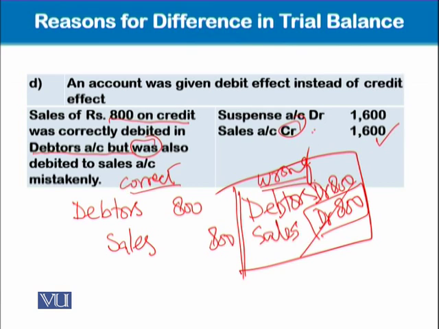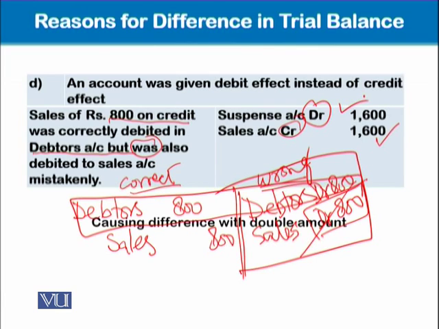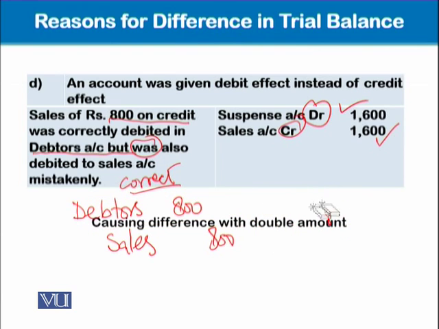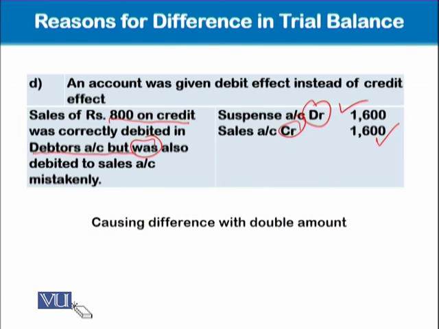Since the debit effect is correct, we don't have any accounting head to debit but the suspense account. So in this case suspense account would be debited, and this is causing a difference with double amount. This is what we have already discussed. Alright, great.